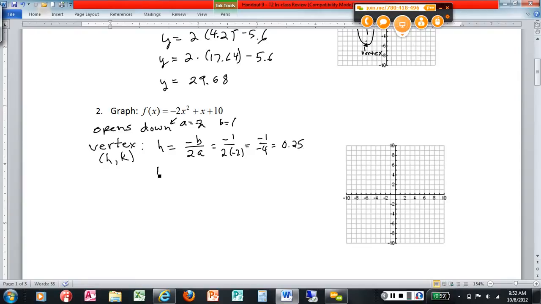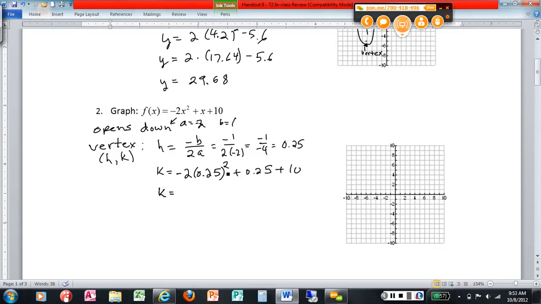What about the k? How do we get the k? Then you just substitute the h in for x, right? And that'll give us our k. So it'll be negative 2 times 0.25 squared plus 0.25 plus 10. And if we multiply and add all that out, we should get it.